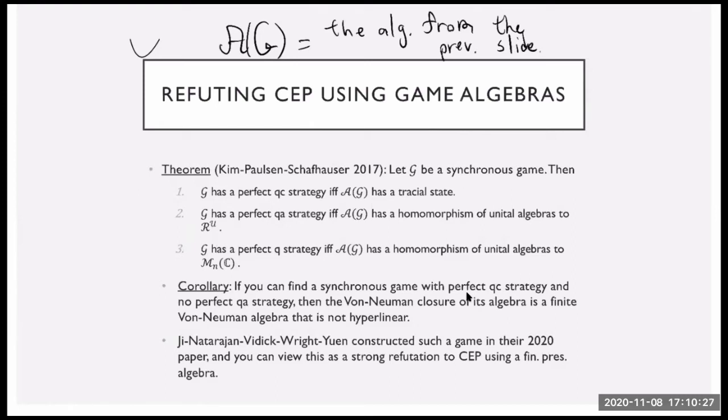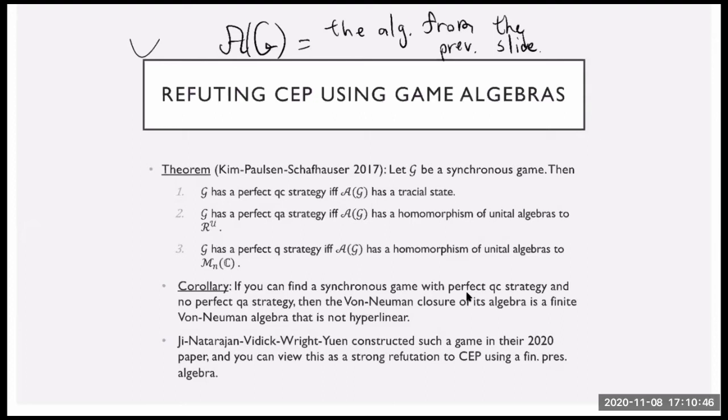Great. So the point is that there is a connection between representations of this algebra and having perfect strategies with respect to specific correlation sets.